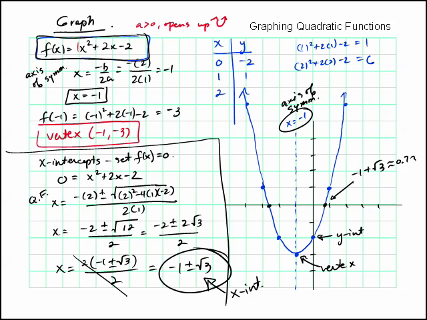And this one over here must be negative 1 minus the square root of 3. If you use a calculator to get a decimal approximation, that is about negative 2.7. And so that appears to also be in the right position. And that's how we find the intercepts, and that's how we graph parabolas, and that is the end of this lesson.